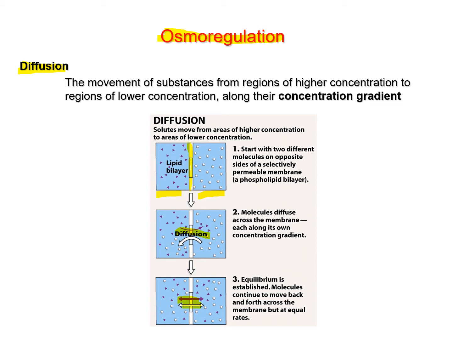This membrane is permeable to these particular examples of molecules, but not necessarily permeable to all different kinds of molecules, and that's why it's called a semi-permeable or selectively permeable membrane. Now that's diffusion, and that's diffusion of the solutes.